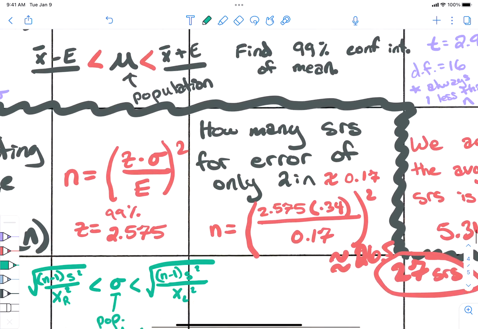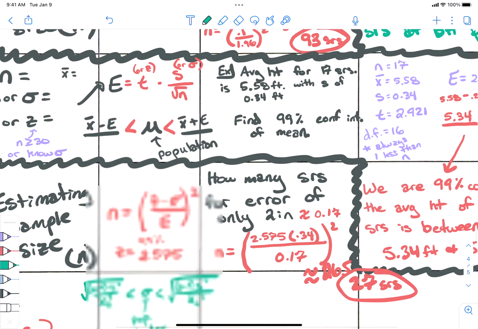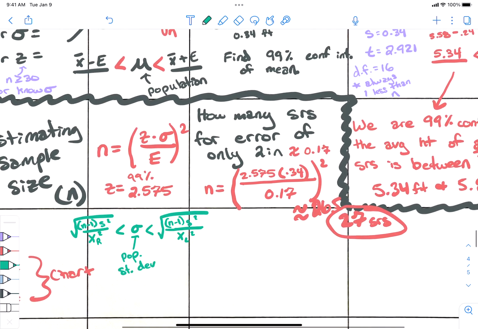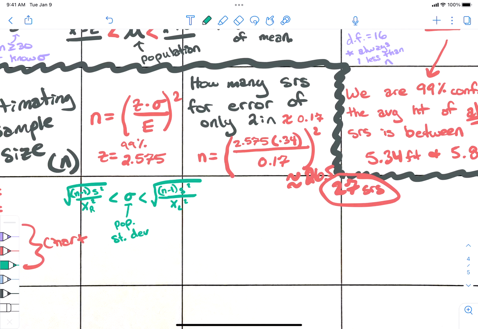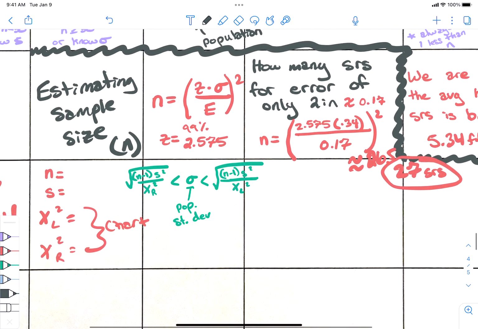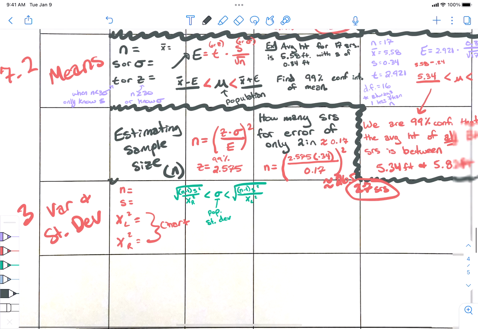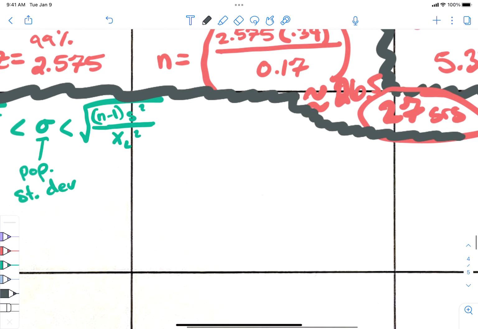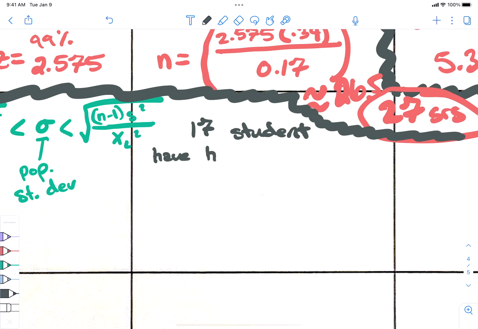Example. Let's go to this. Sorry, Indy, we used some height stuff yesterday. That's just what they decided to do. Did you use weight? No, sorry. Okay, so I'm going to say 17 students have height with a standard deviation of, I'm going to use the same standard deviation that we used up above.